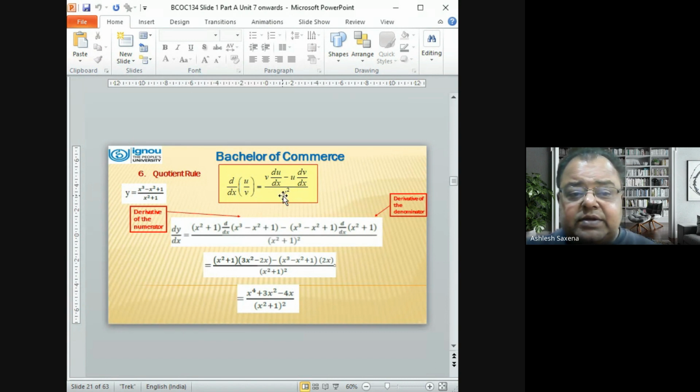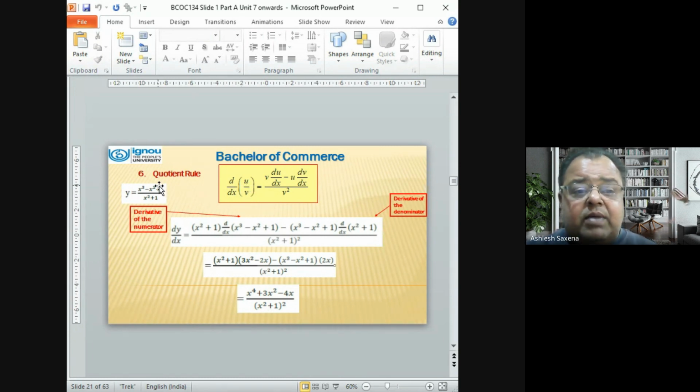Here it is. Catch a line, come to the numerator part, straight away write the denominator, differentiate the numerator minus the numerator as it is into the derivative of the denominator. This is what is known as quotient rule.